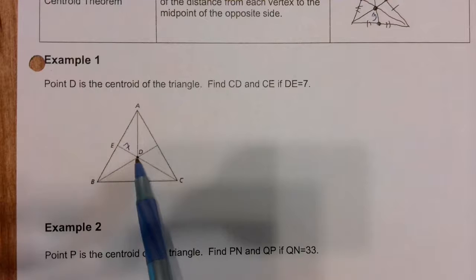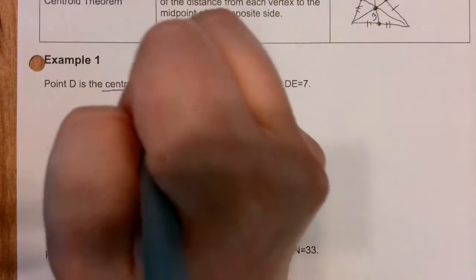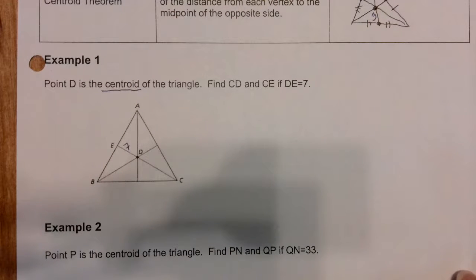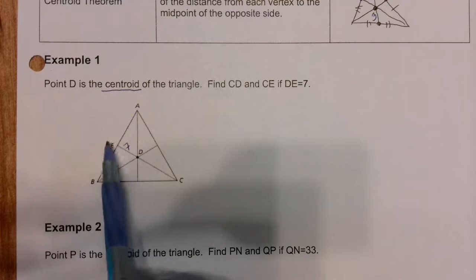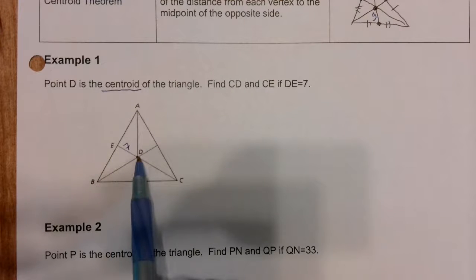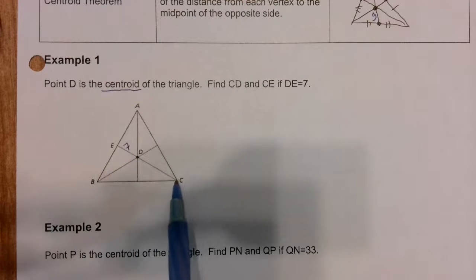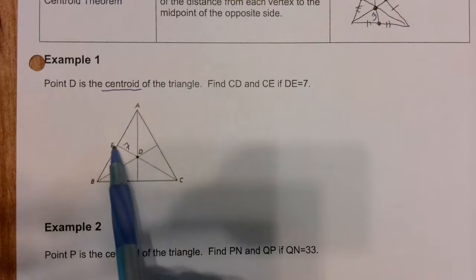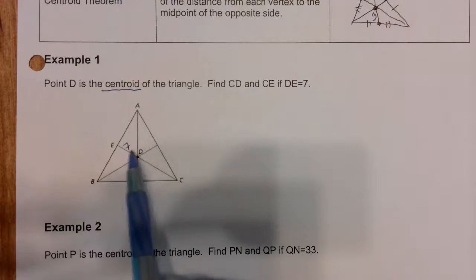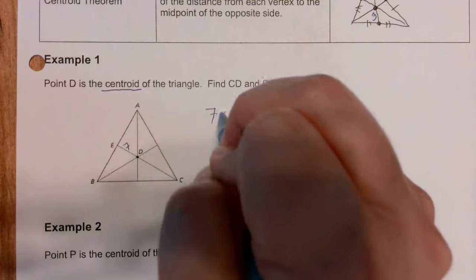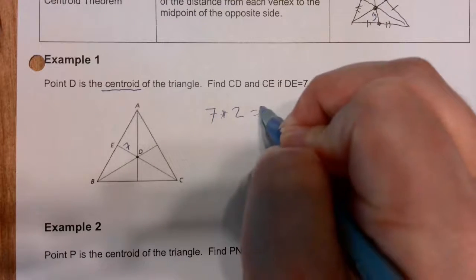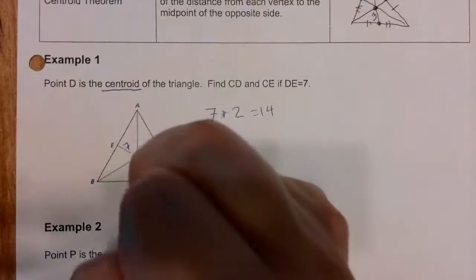And we know that D is a centroid because it says point D is the centroid. So that means the distance from the centroid to the vertex is twice the distance from the centroid to the midpoint. So if this one is 7, 7 times 2 is 14.